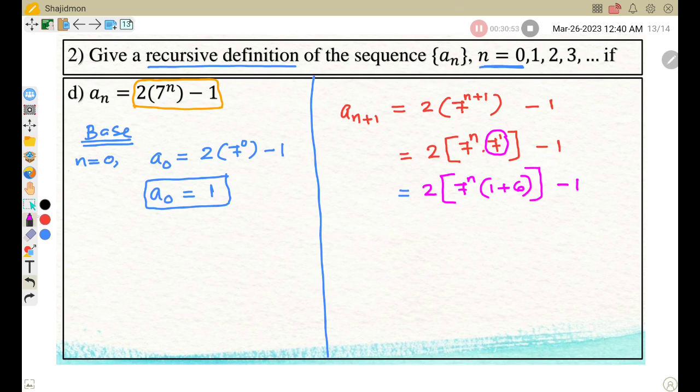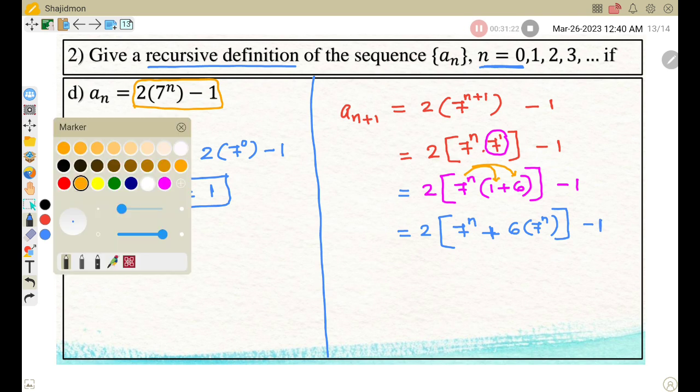Now expand the bracket, we can simplify. This 7 power n multiply here, 7 power n multiply here. So you will get equals 2 multiply, first 7 power n multiply 1 means 7 power n, plus 7 power n multiply 6 means 6 multiply 7 power n, correct? Minus 1, that is same.